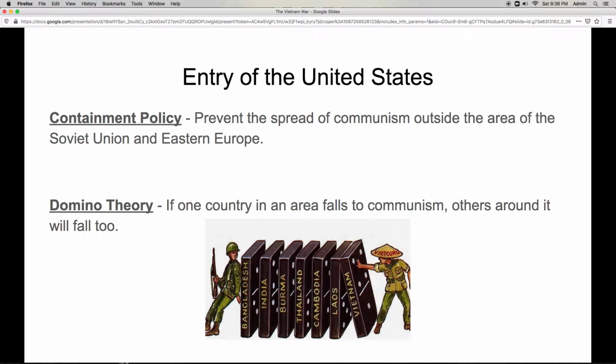A new theory comes out where people start using this a lot, called the domino theory, which says if one country, specifically a poor country, falls to communism, all of its neighbors will eventually fall too. So the stakes are high. We can't ignore Vietnam, because if we do, the whole region will be communist, and then the American policy of containment will have failed once again.